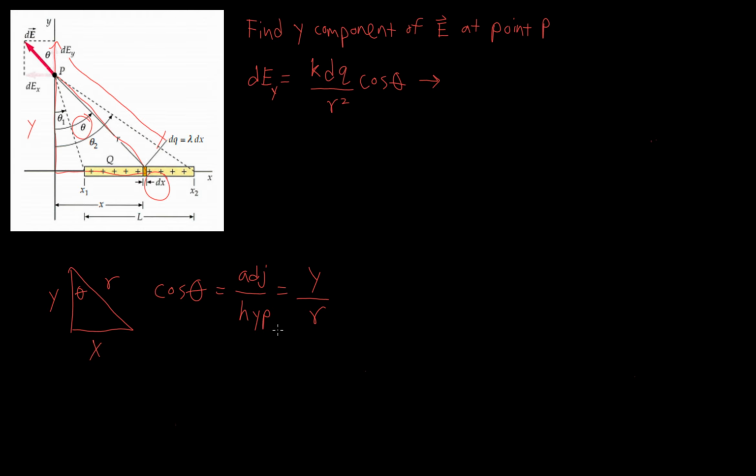And so we can substitute this cosine of theta into this expression right here. And so if we multiply this, r times r squared is just r cubed.